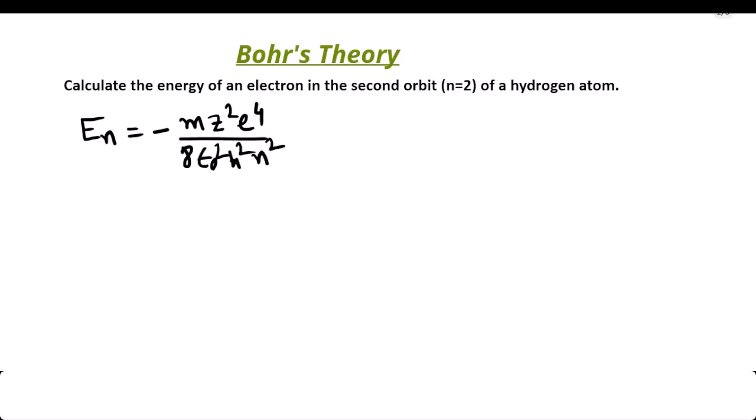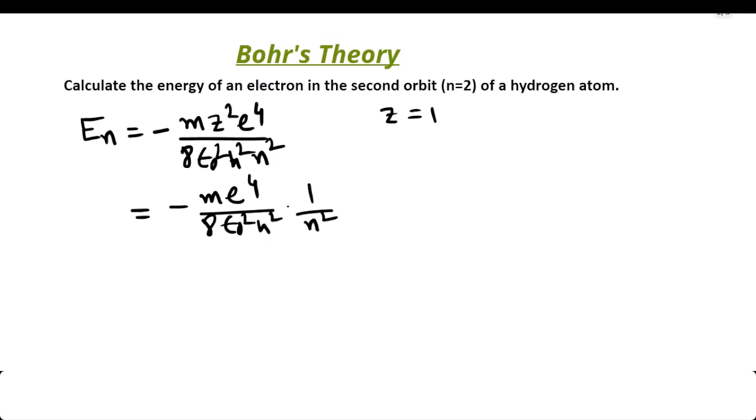Now for hydrogen atom, Z is equal to 1, that is the atomic number. So this is equal to minus m e to the power 4 divided by 8 epsilon 0 square h square into 1 by n square.